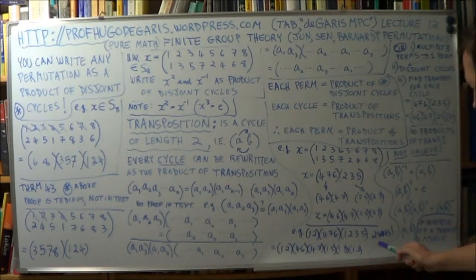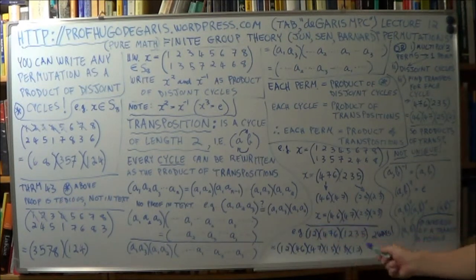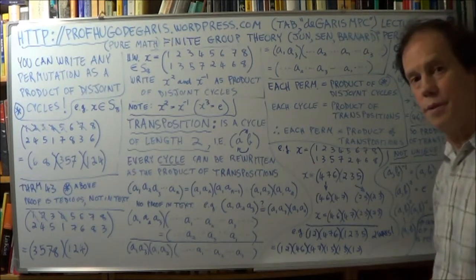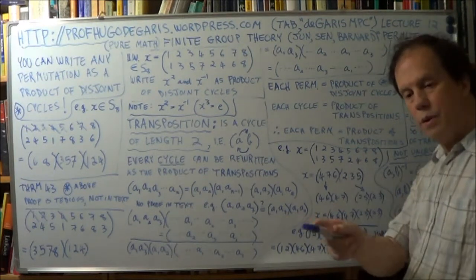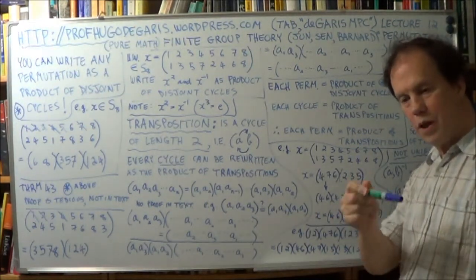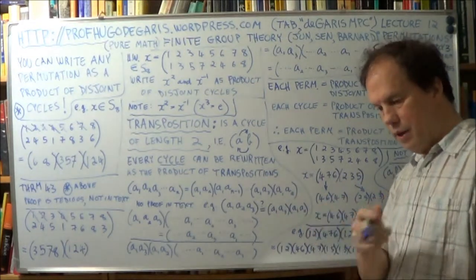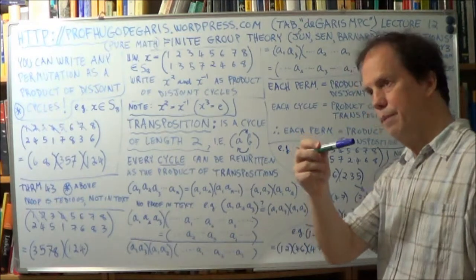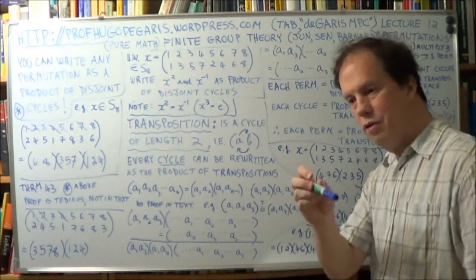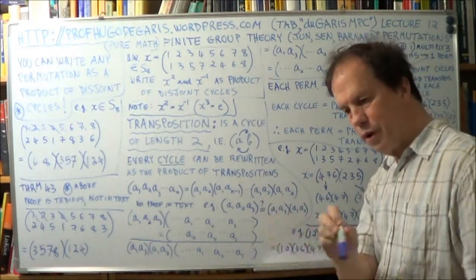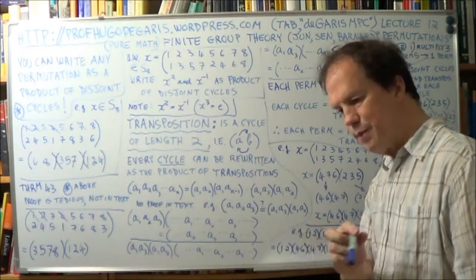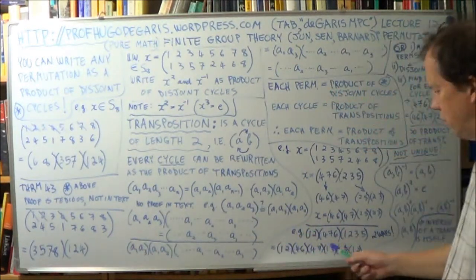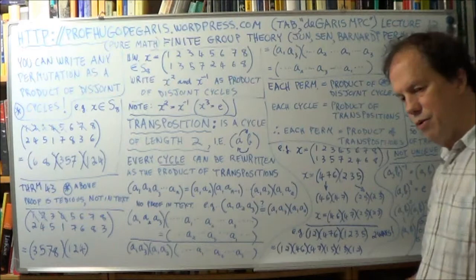Okay, now I've put here 2 ways. There's 2 ways we can go about doing this, and we'll get 2 different results, showing that when you take a permutation and make from it a product of transpositions, you don't necessarily get the same result each time.